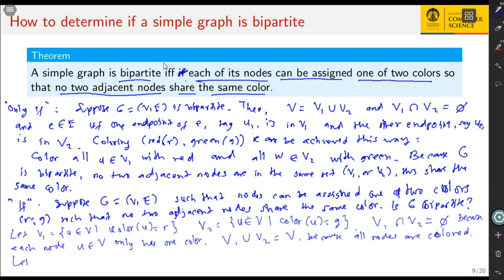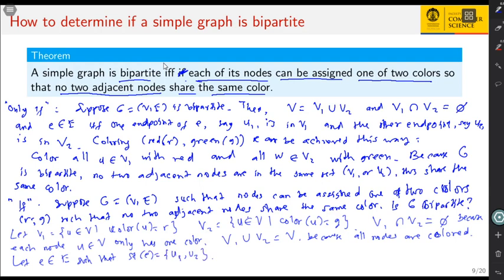So let e be an edge such that its endpoints are u1 and u2.